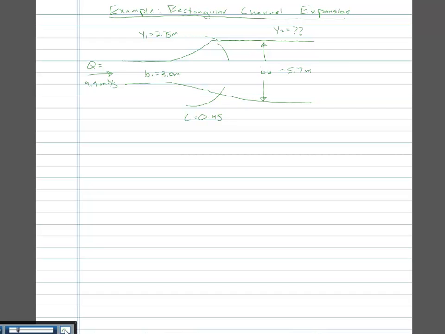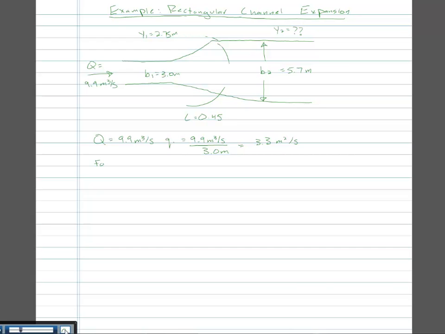First of all, for the flow rate of 9.9 cubic meters per second, we can find the flow per unit width at 1 is 9.9 cubic meters per second divided by the 3 meter channel width, and that is 3.3 meters squared per second as the flow per unit width at 1.